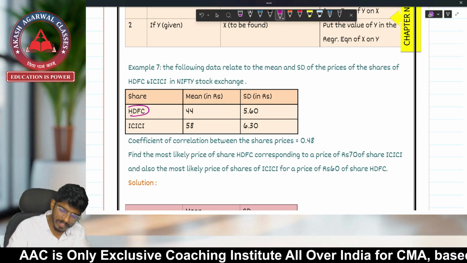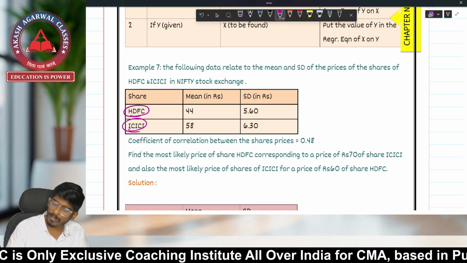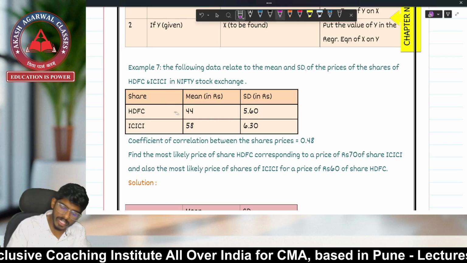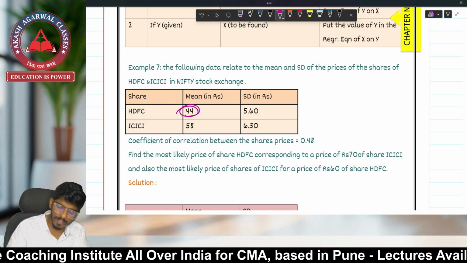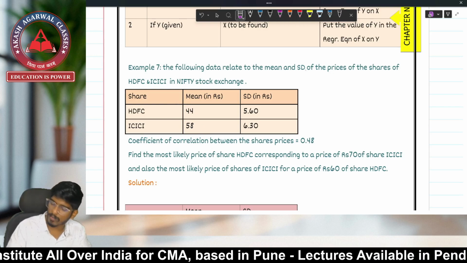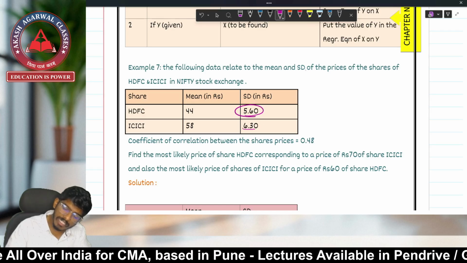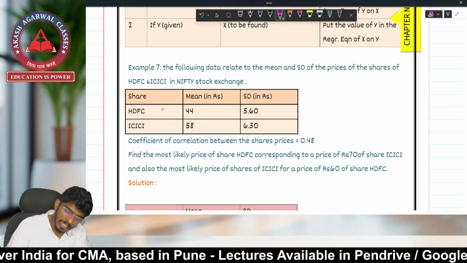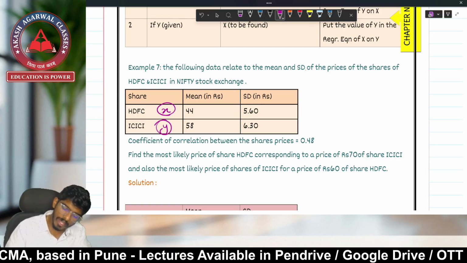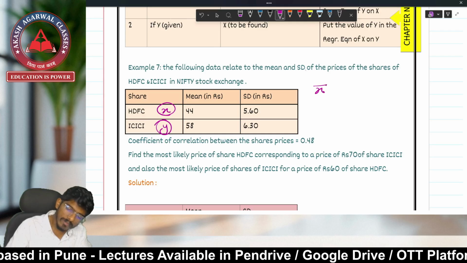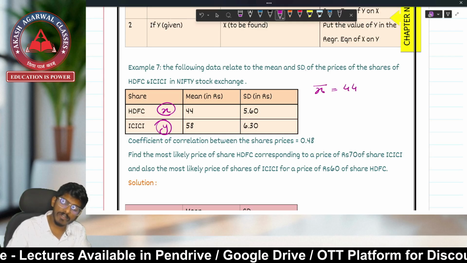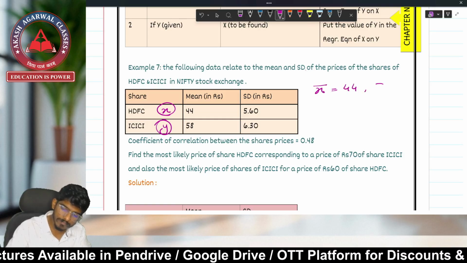There is a company HDFC, there is another company ICICI. For the mean of the share value, they have given us 44 and 58 for HDFC and ICICI respectively. And they have given a standard deviation. So let's assume HDFC to be X and ICICI to be Y. They have given us X bar, the mean, to be 44.